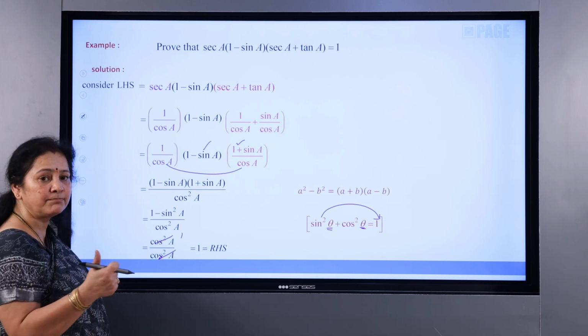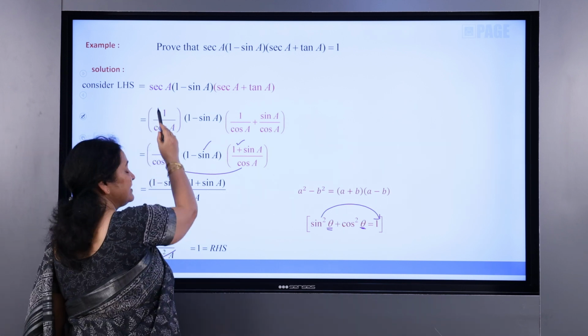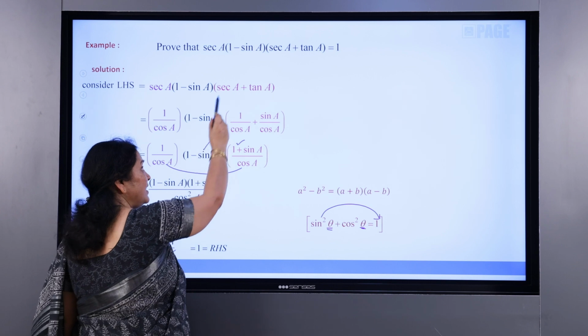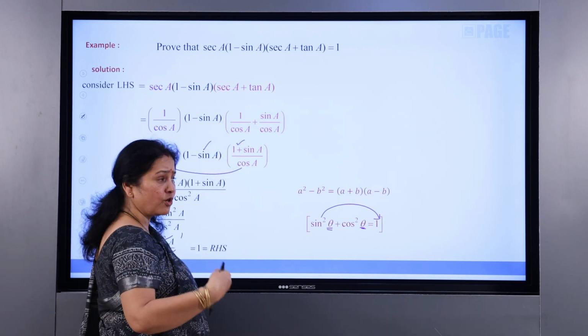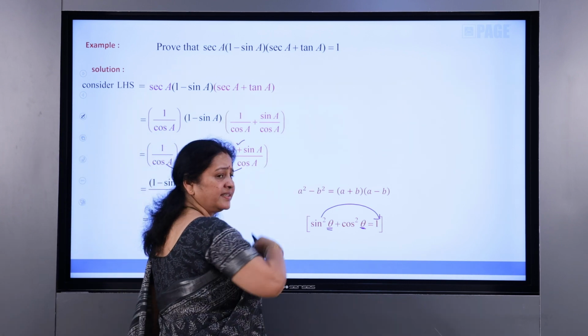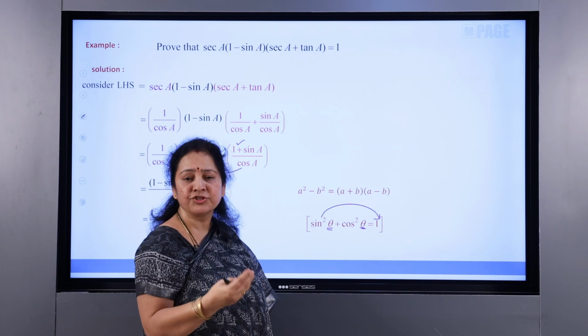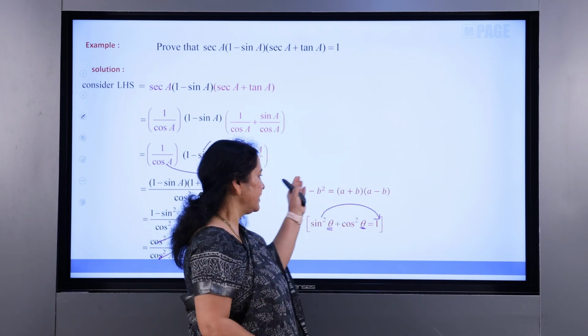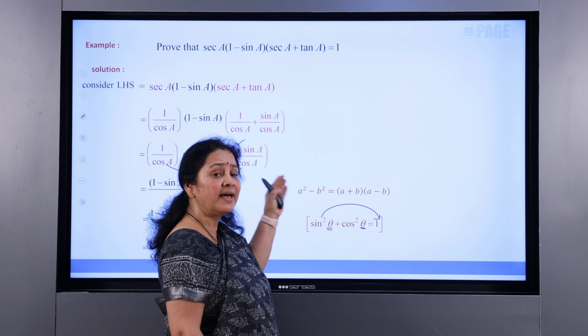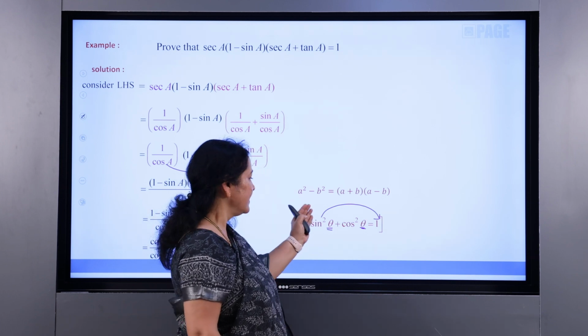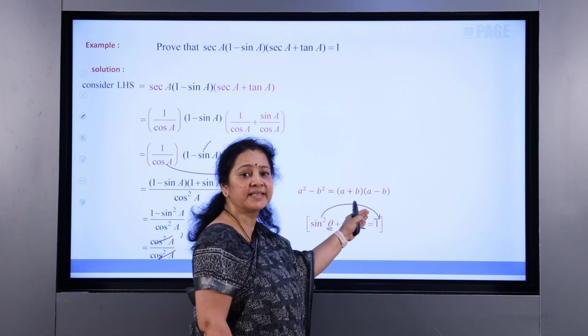So which is the most important part here? Writing secant as 1 by cos reciprocal, tan A as sin A by cos A. This identity which we already have learnt in other chapters, (a plus b) into (a minus b) is a square minus b square, and the standard identity sin square theta plus cos square theta equals 1.